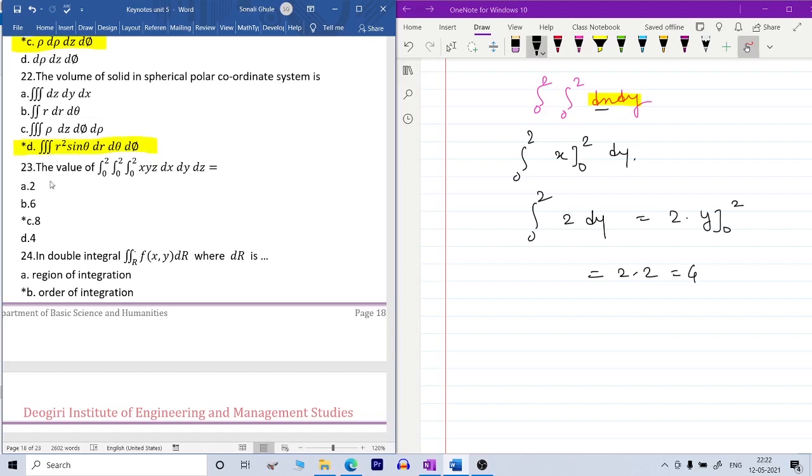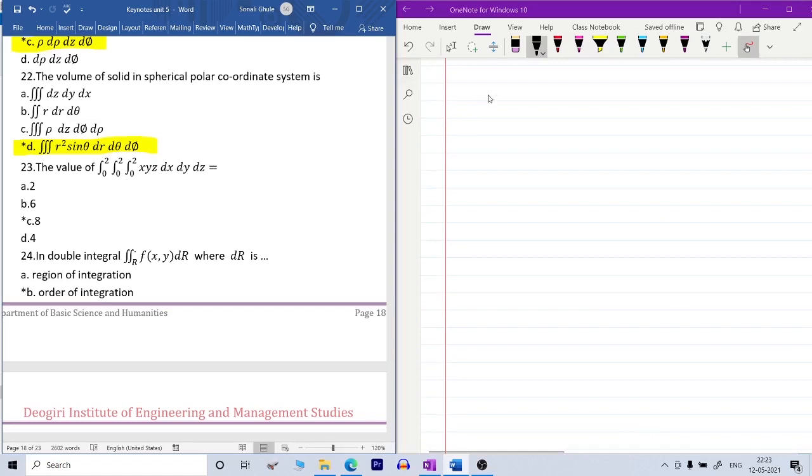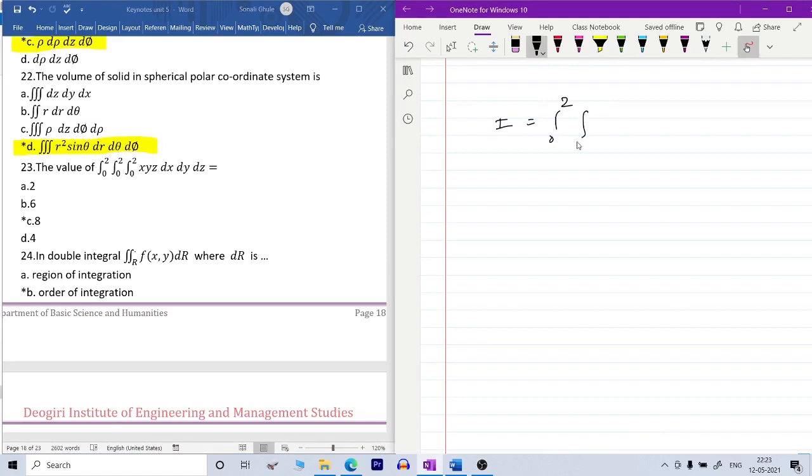Okay. Then the value of, now we have to solve the triple integration. Here is the integration given to you, 0 to 2, 0 to 2, 0 to 2, xyz dx dy dz. All three limits are constant, so we have to go by order.